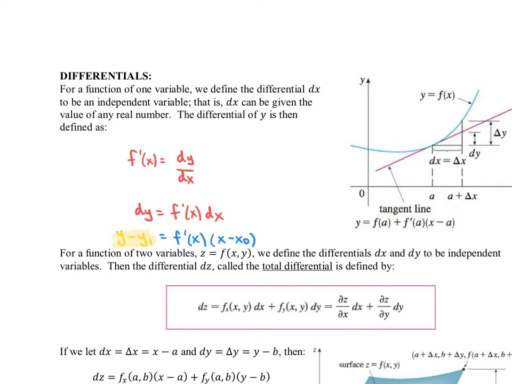In a similar way, you have your change in x. So really, a lot like the linearization concept we just talked about, it's the same thing you've been studying. A differential is just a way to talk about it differently.